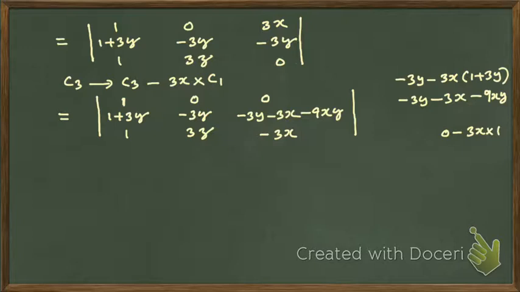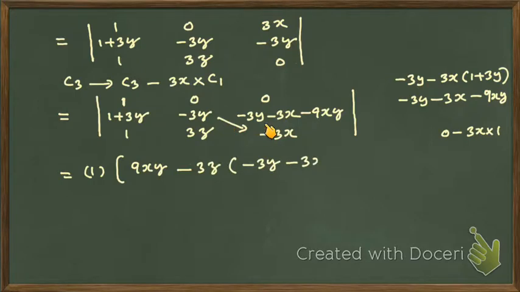So now that I have 1, 0, 0, you could expand it. So you say 1 into expand. How do you expand? It's minor. So when I say 1 into, it's minor. These 4 elements. Minus 3y into minus 3x, 9xy minus 3z into the other product. 3z into that much.